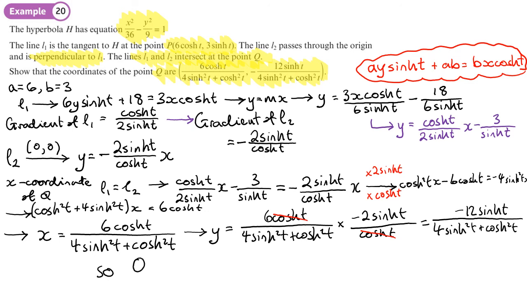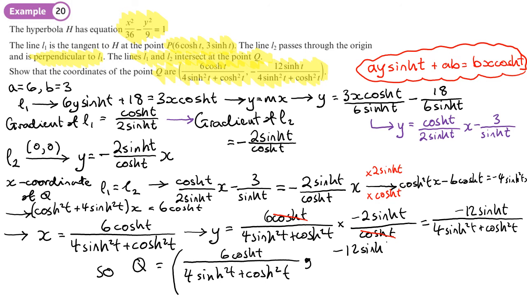So Q equals 6 cosh t over 4 sinh squared t plus cosh squared t, comma, negative 12 sinh t over 4 sinh squared t plus cosh squared t. This is probably one of the biggest fractions I've ever written. We're almost there. As required.